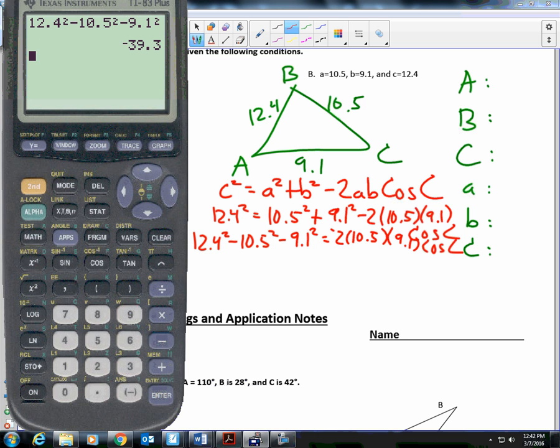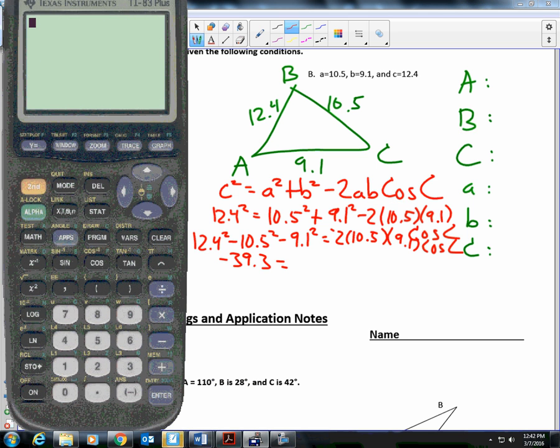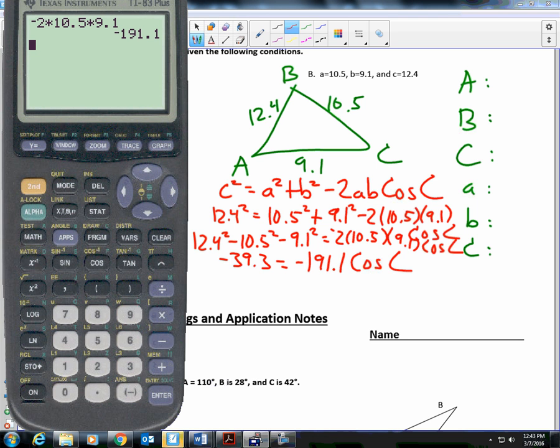So on the left side, I get negative 39.3. On the right side, I divide.